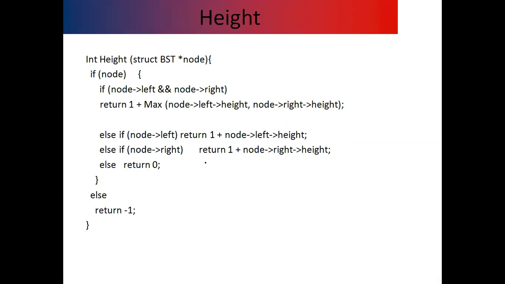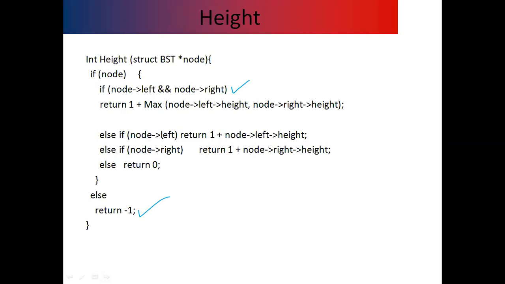If the node is null, then we are at the null pointer, and by definition we return -1. If it's a valid node, then you check whether it has both left and right pointers. If it has both, by definition the height is 1 plus the max height of the left child and the right child.